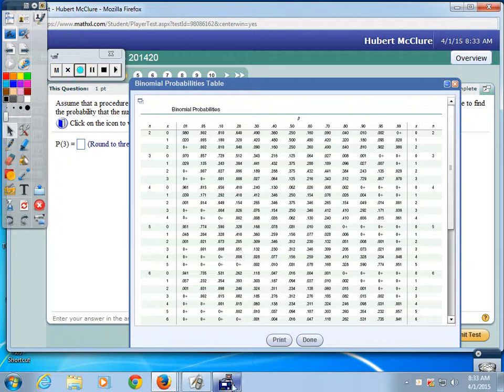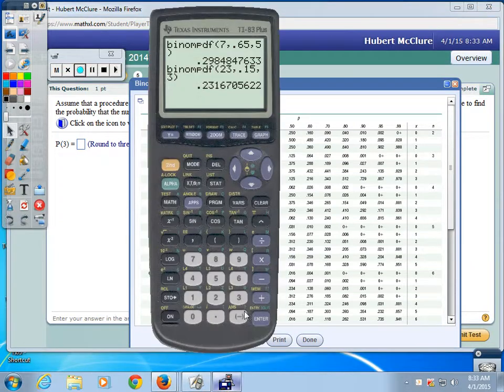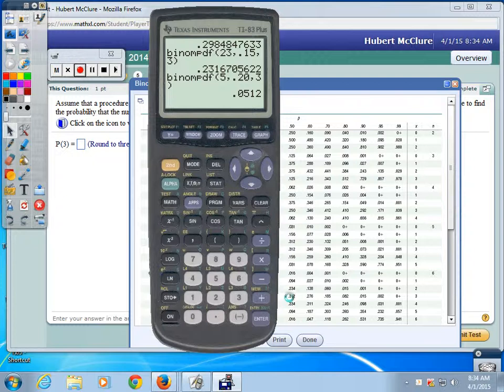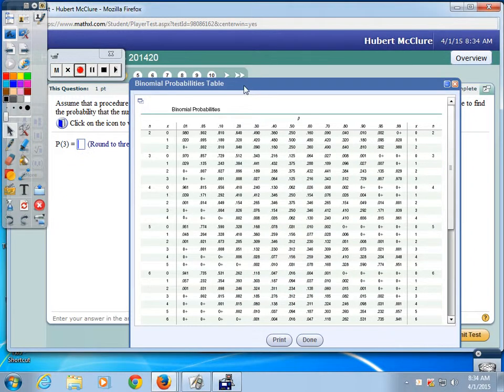Now let's do it on the handy dandy calculator. Second entry, 5. Delete. What was the 0.2? And what? 3? 0.051. And we feel good about ourselves.